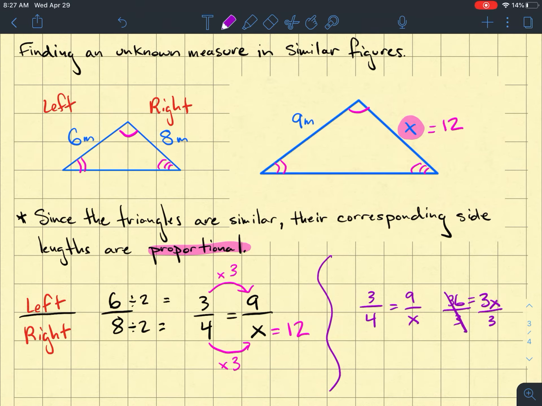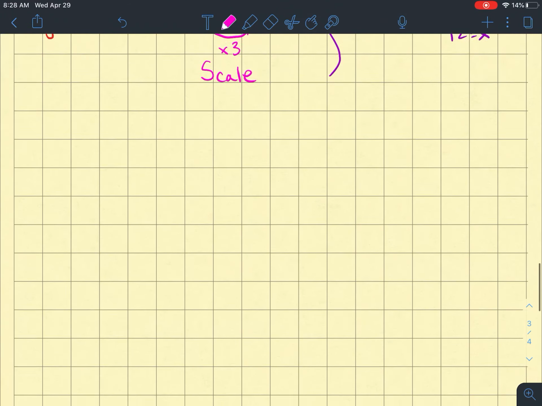Then just basic algebra: you divide by 3. Either way, you get 12 equals x. So if you want to cross multiply to solve, or if you want to scale to solve, it doesn't matter, as long as you're finding the correct solution. But the key here is setting up your proportions. That's the key.